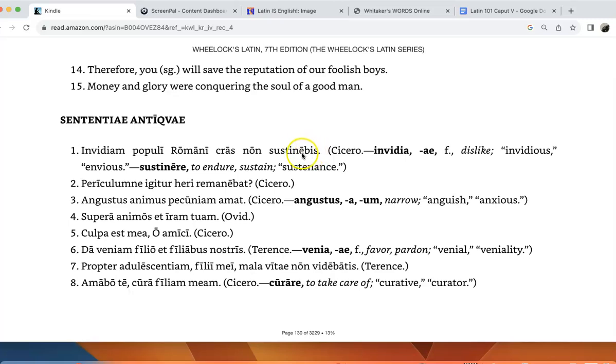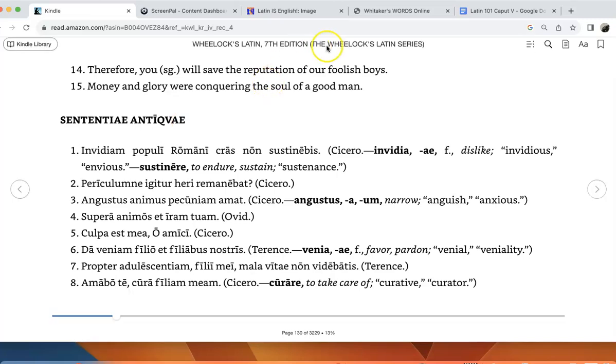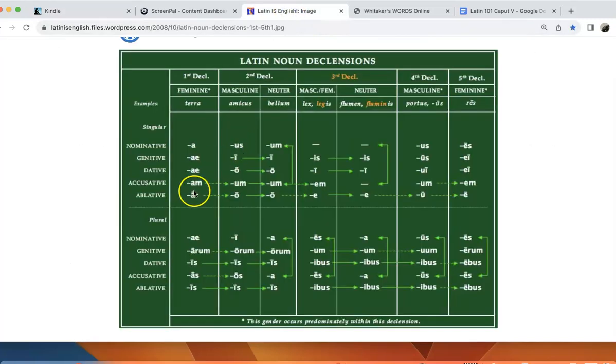And then so you will not, and then we can just follow one of these. You can say you will not sustain or you will not endure. So cras non sustinebis means you will not endure or you will not sustain. And then sustain what? Well, here's our direct object because it ends in am.